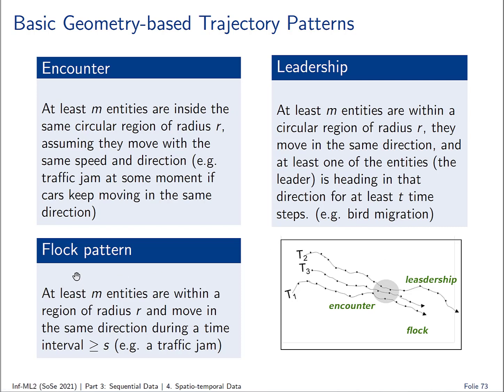Yeah, and finally you have flock patterns. So at least m entities are within the radius region, yeah, and move in the same direction during a time interval smaller than s. That is typically also a traffic jam. So in that case that may also be a flock pattern. So here you constrain an encounter to be during a given time interval.